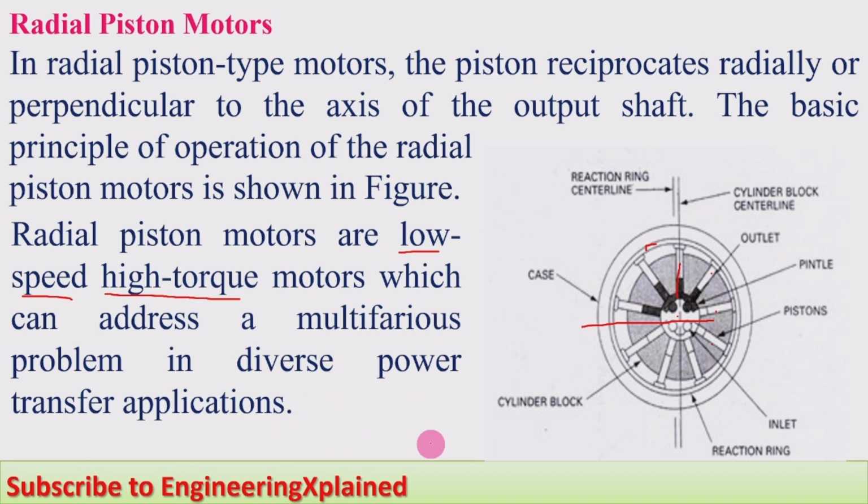To solve problems that need higher power, we use this type of radial piston motor. I will take their animations with the working in further sessions, and you can watch those videos also to see how the actual working takes place.